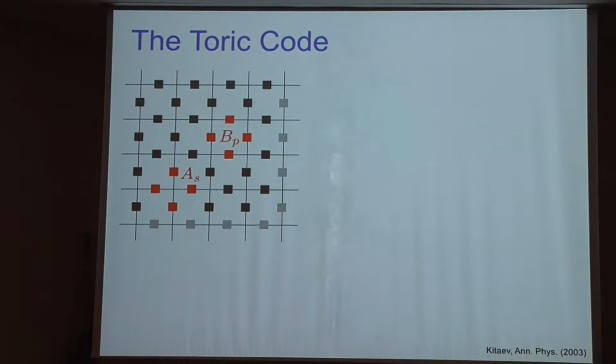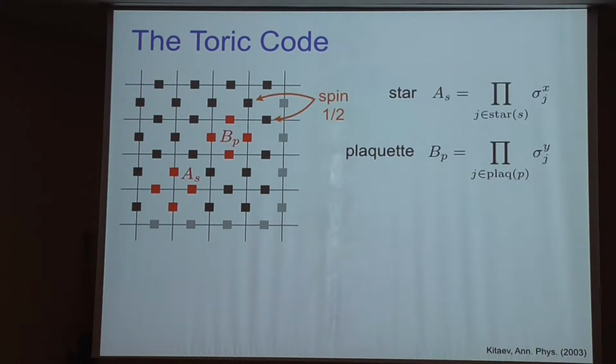So the really standard model of this topological code is the toric code. This is a 2D lattice of spin 1/2 degrees of freedom. By drawing this here in just grayscale, I want to indicate that I am assuming here periodic boundary conditions in both directions, so that this is actually on the surface of a torus, hence the name toric code. Now these spin 1/2 degrees of freedom interact in so-called star and plaquette directions.